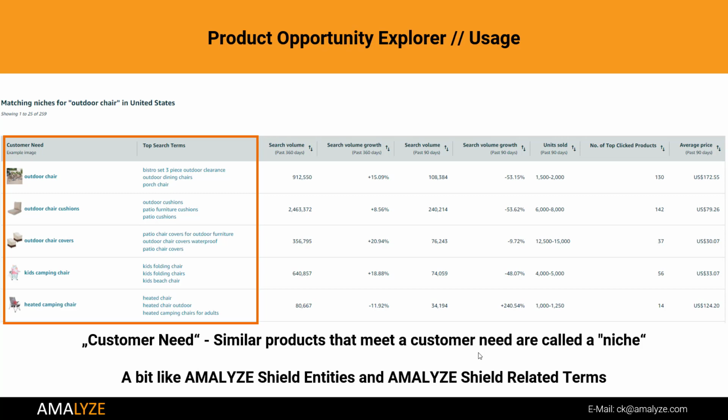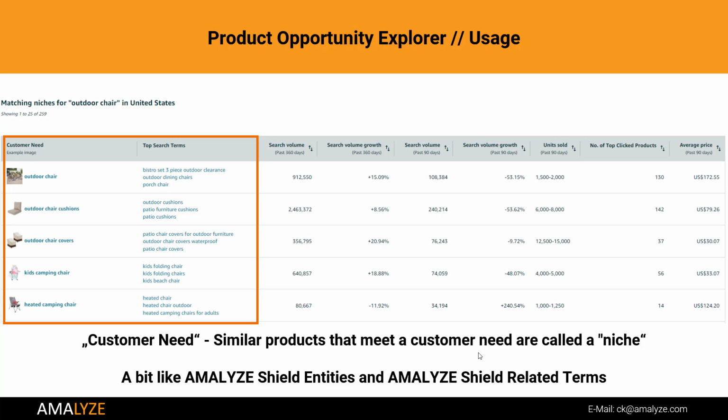Customer need just means similar products that meet a customer need are called a niche, but it's just the top search term in that specific search, outdoor chair, nothing more. And you will always also see outdoor chair cushions and covers and kids chair and a heated camping chair. That is interesting. But we will go into details in a few seconds.